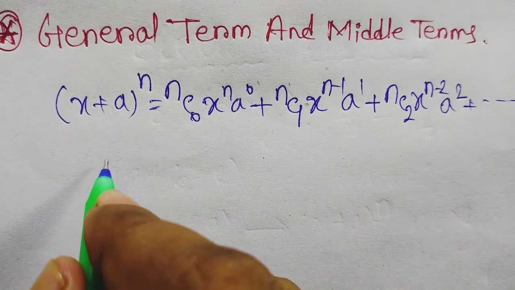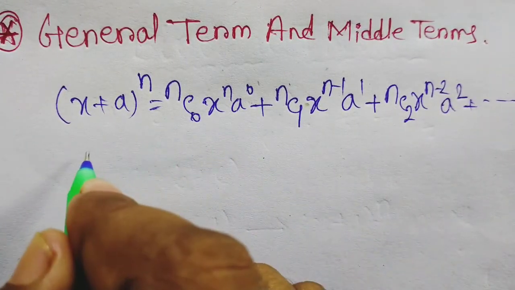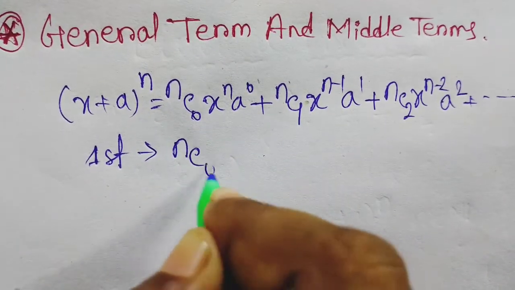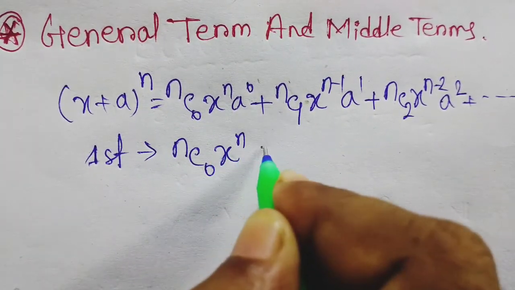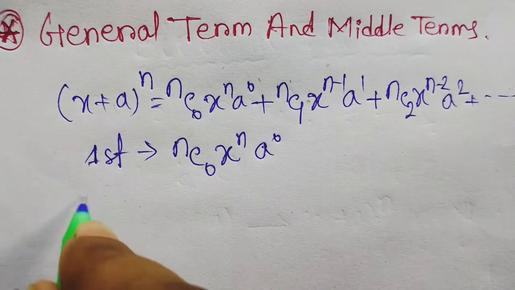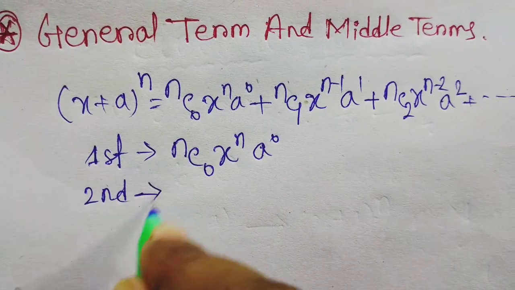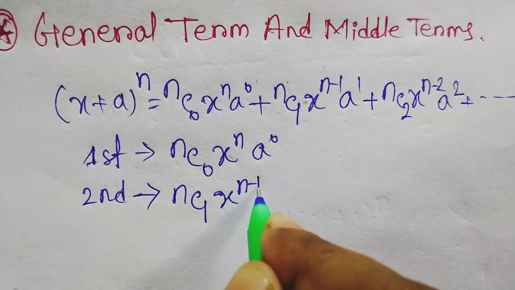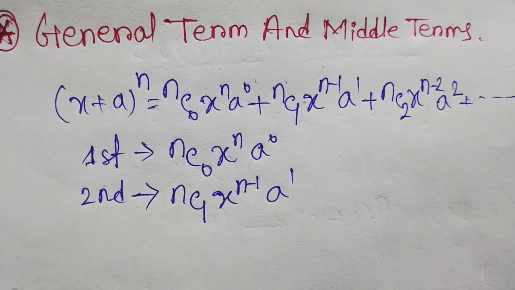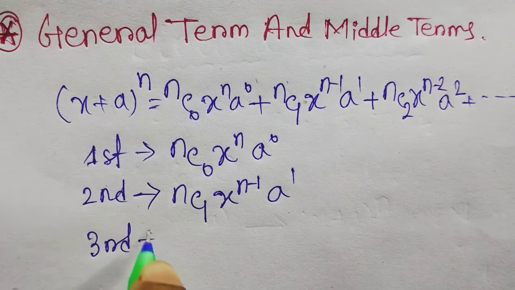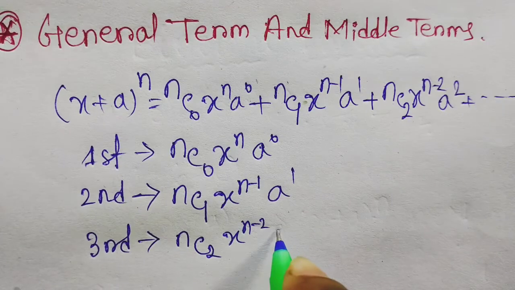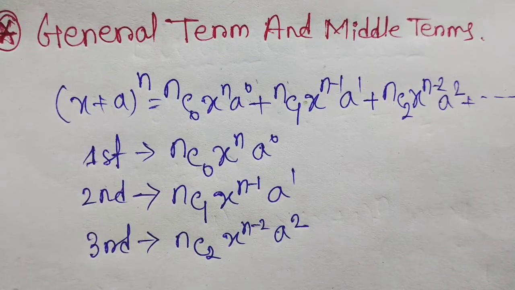So we find that the first term is nc0 x to the power n a to the power 0, second term is nc1 x to the power n minus 1 a to the power 1, and third term is nc2 x to the power n minus 2 a to the power 2, and so on.